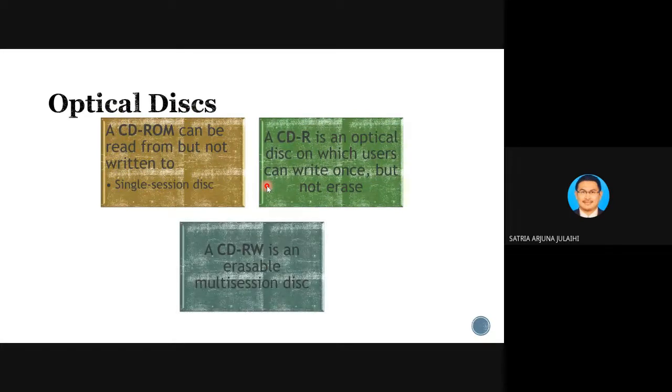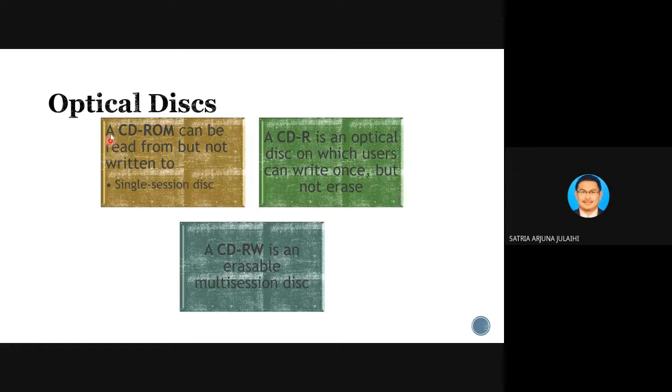We have here different categories of optical discs: CD-ROM, CD-R, and CD-RW. CD-ROM can be read but not written to, a single session disk.